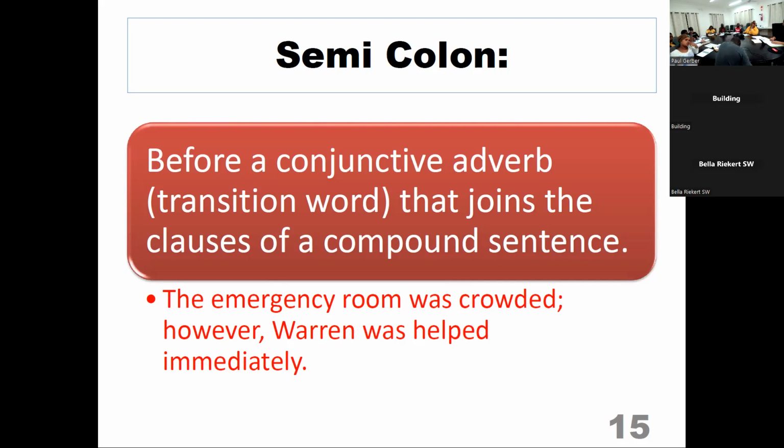So the conjunctive adverb here is obviously however. That's another use of the semicolon, right? It comes before that conjunctive adverb. That's when we use the semicolon.